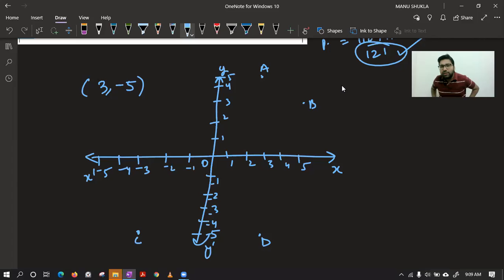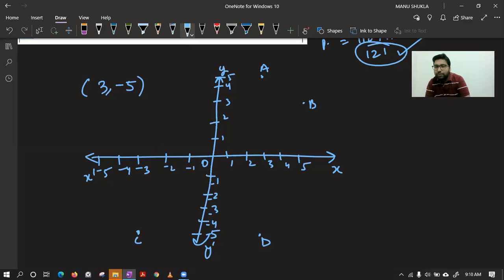A, B, C or D? 3 comma minus 5. Which point is correct? Please tell. I'm proud of everyone. Vardhan, beta, just after a second, they are telling the answers. Saurabh, no, B is not the answer, beta. Try to understand. You have to find 3 on x-axis and minus 5 on y-axis. So the correct answer is point D.